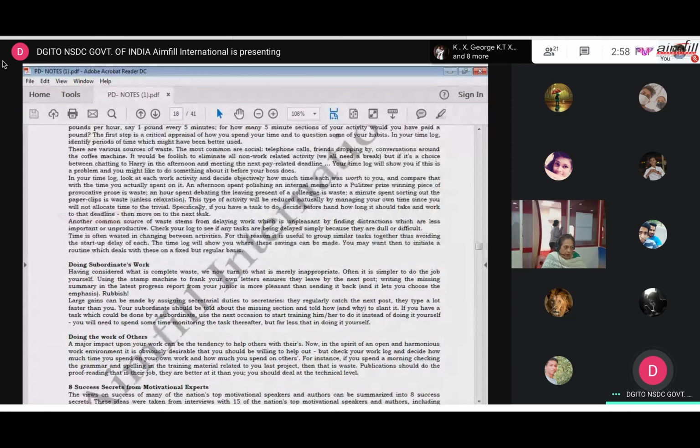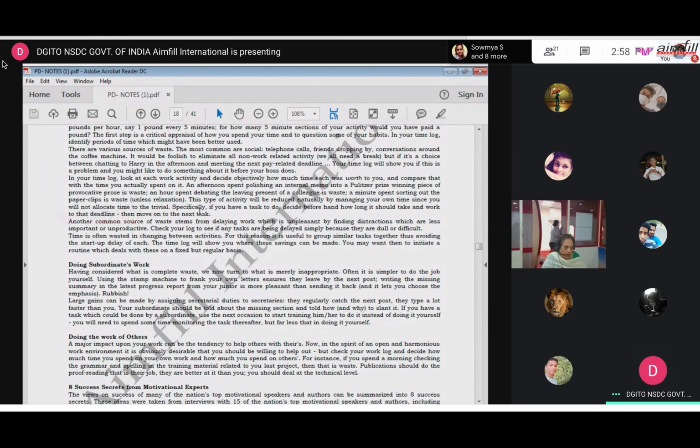Leave a line and write Pareto principle, P-A-R-E-T-O, Pareto principle. 80 is to 20. In one line, I'll give you the explanation.